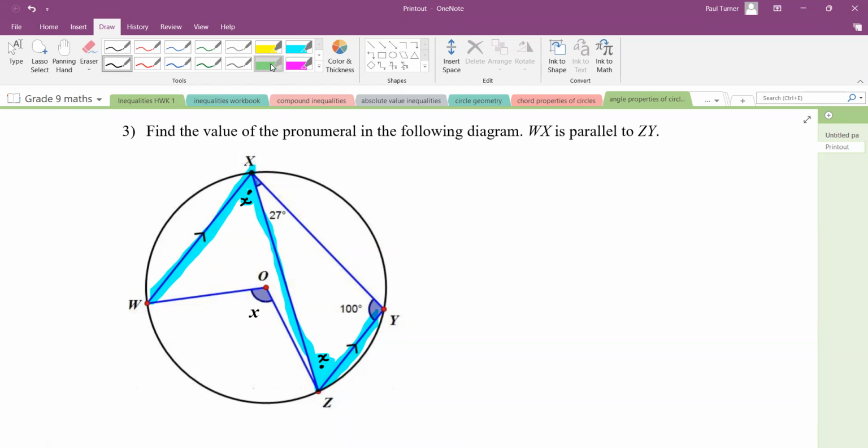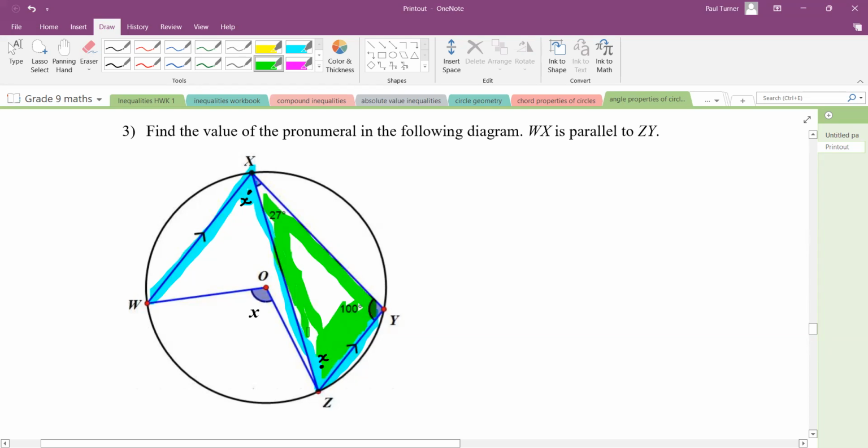But then notice we have a triangle here. So we actually have 3 angles within the triangle that will add up to 180. So that's the first thing we can do. We can add these 3 angles. So we'll have 27 plus 100 plus x, which is not that x, by the way.